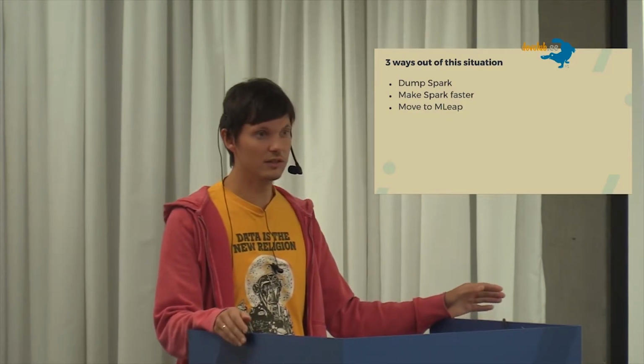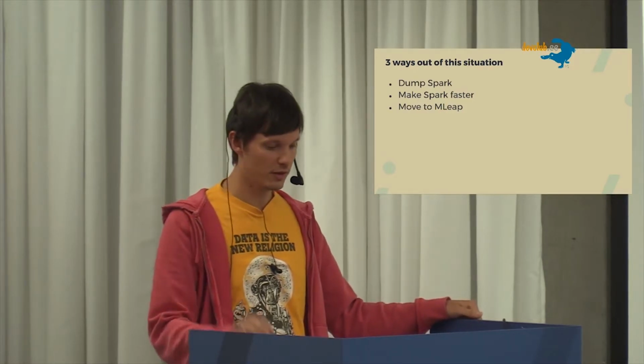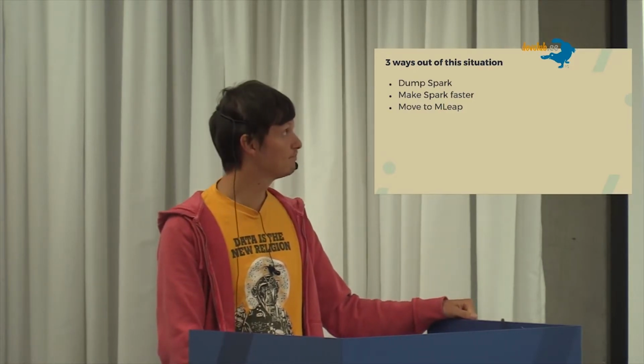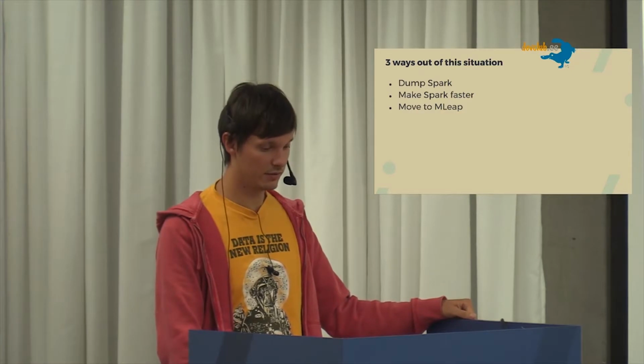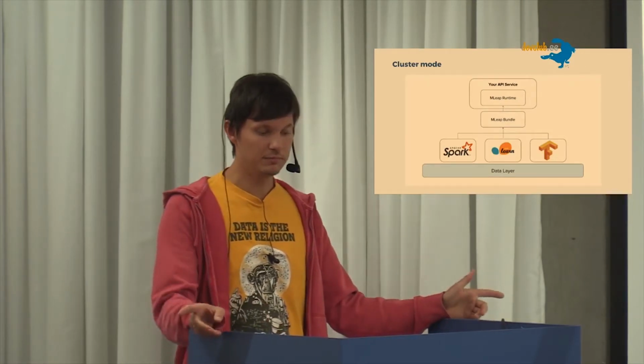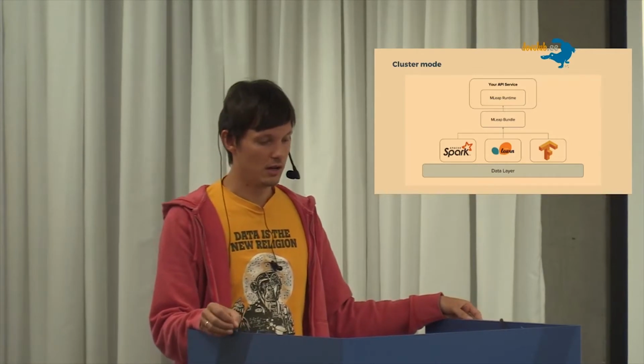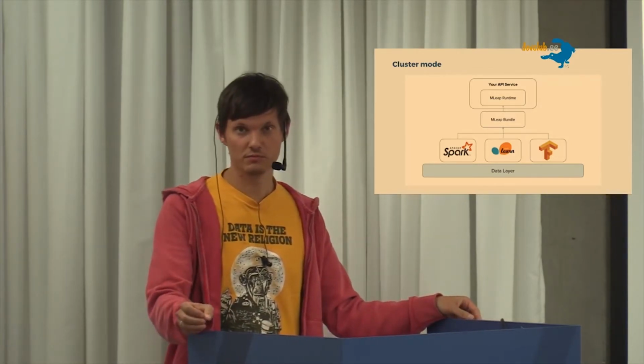And the obvious solution for Spark was to have MLeap as a second framework to run in production. MLeap is a lightweight execution engine for Spark models, and not only.